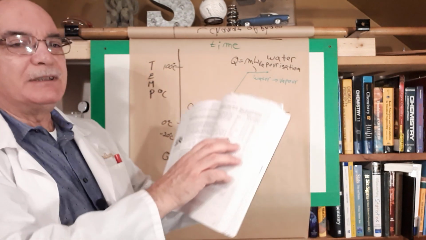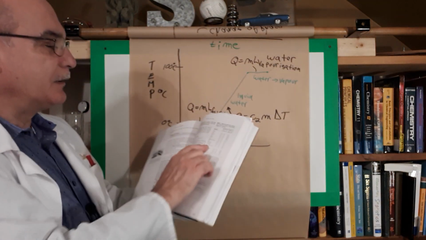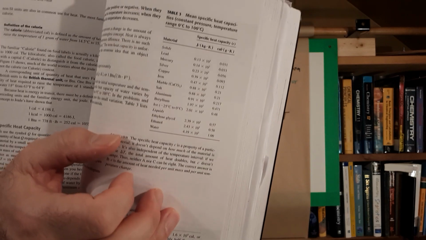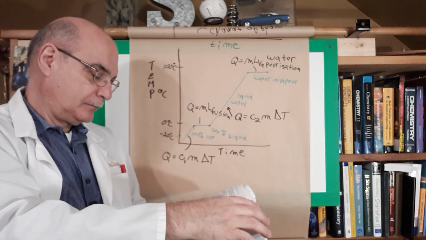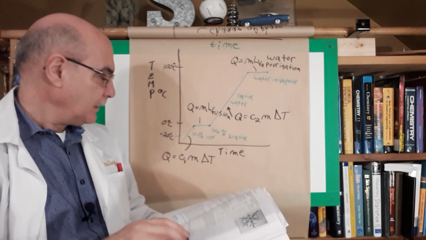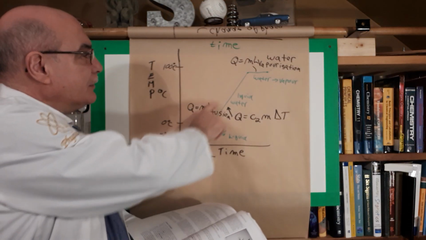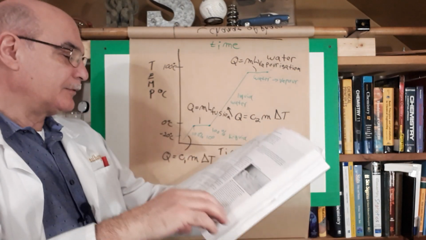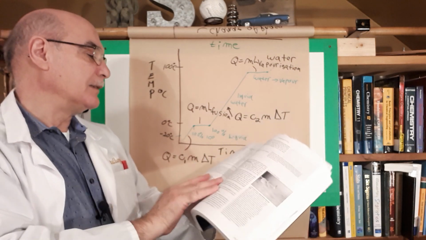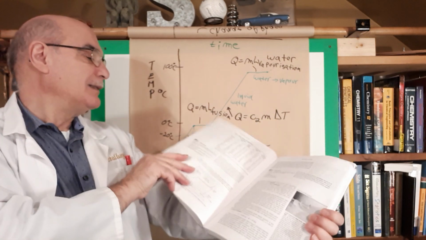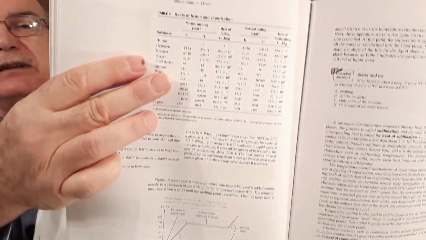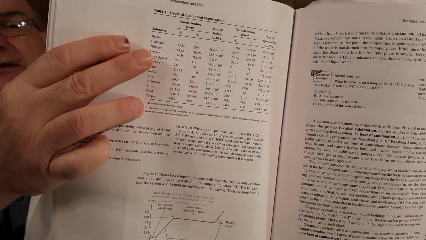Specific heat capacities for different materials, different liquids. This one is for water. Specific heat capacity, they're in a chart, as you can see here. And I talked about latent heats of fusion, latent heat of vaporization. They also come from a chart. I'm just searching through here to find that chart. Here it is. So this is heats of fusion and vaporization, latent heats of fusion and vaporization. They all come from a chart for various liquids.